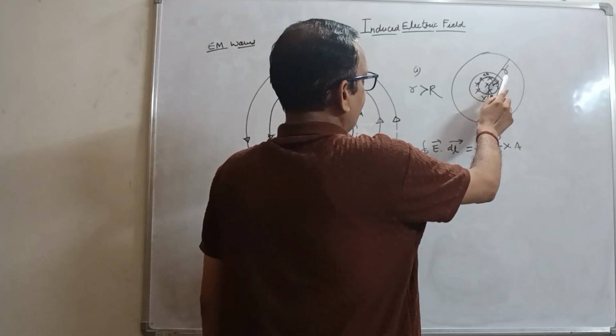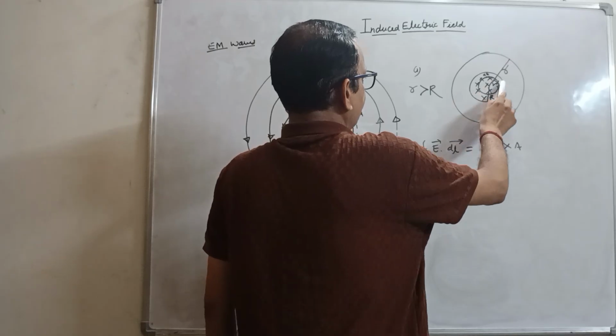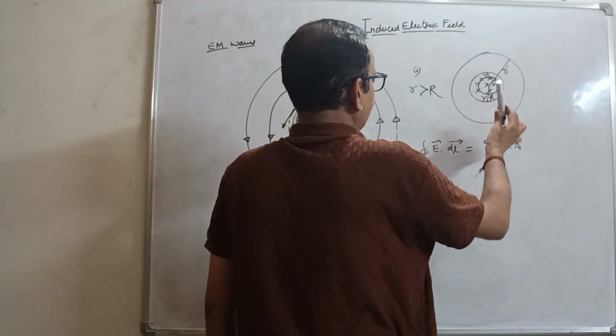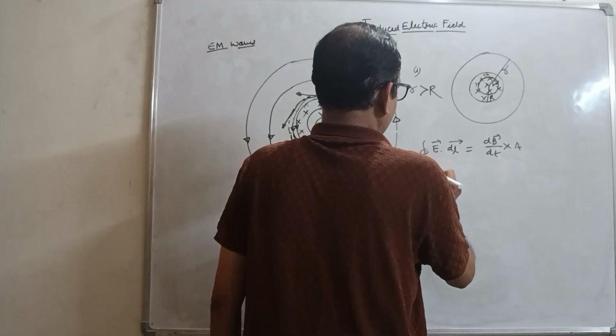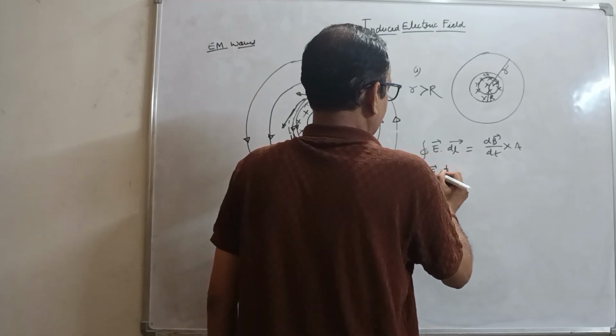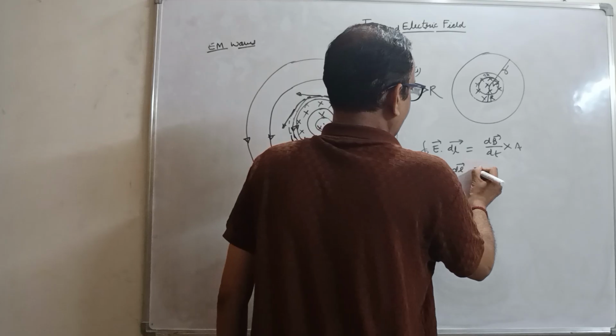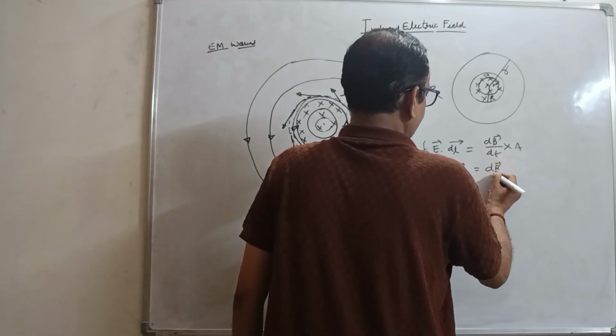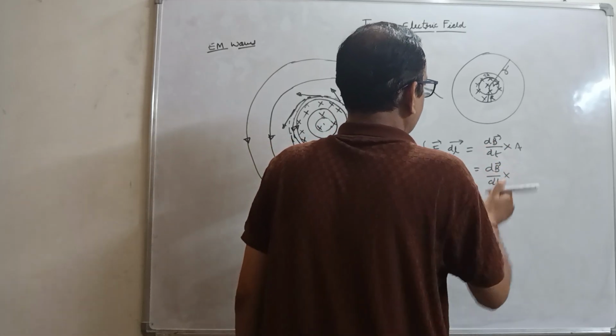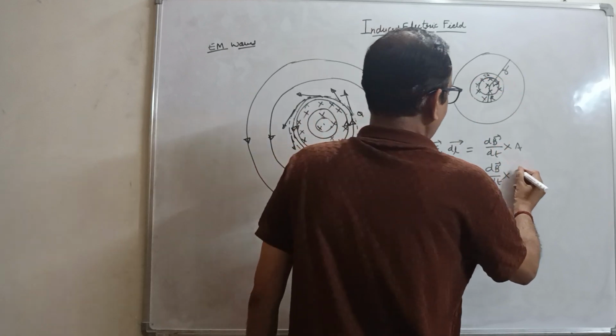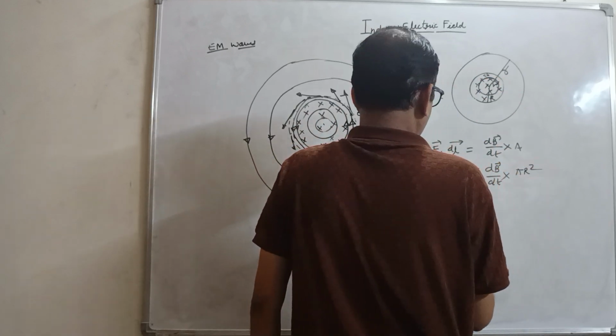The area is where the magnetic field is present, so the area of the loop is πR square.